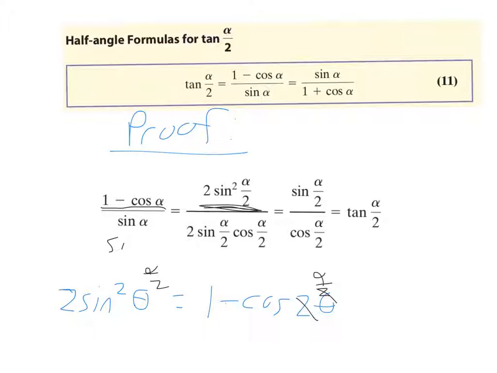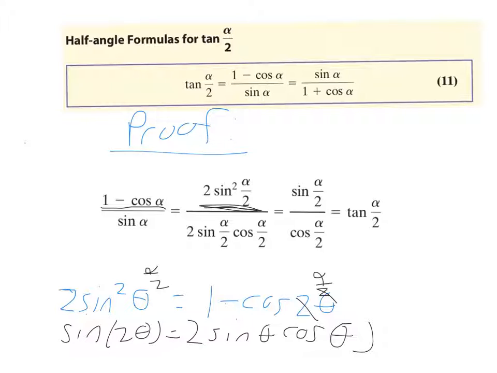Likewise, sine of 2 theta is equal to 2 sine theta times cosine theta. So if you were to plug in just alpha over 2 into each of these, that's how you go from sine of alpha to 2 sine of alpha over 2 times cosine of alpha over 2.